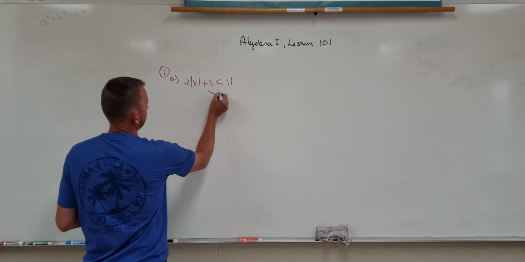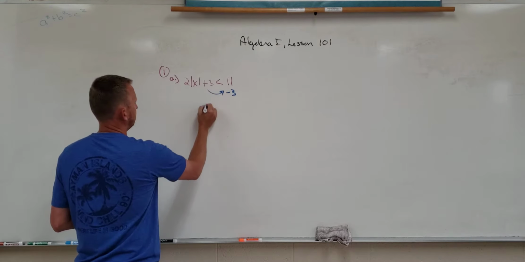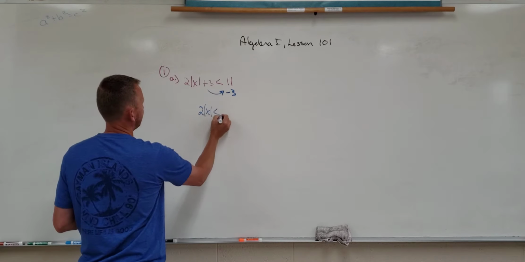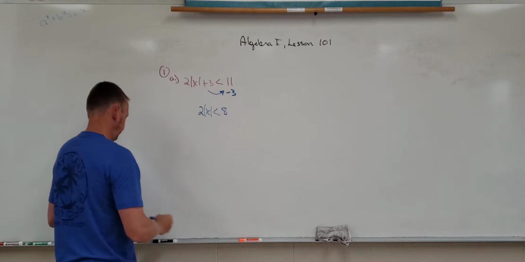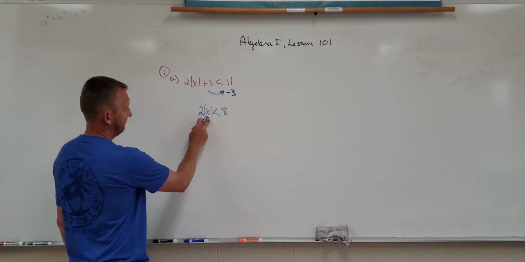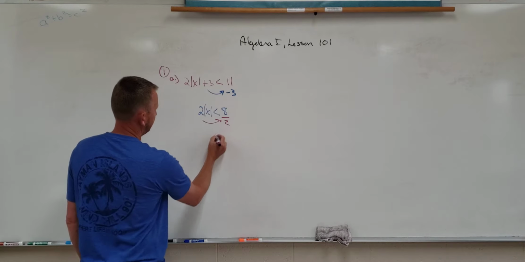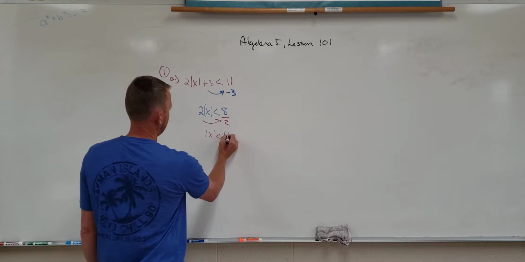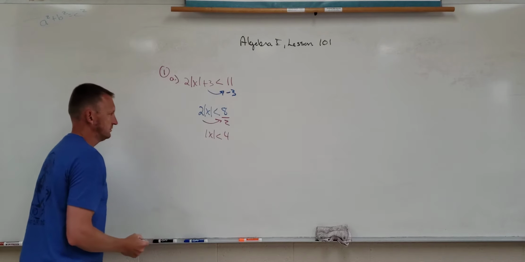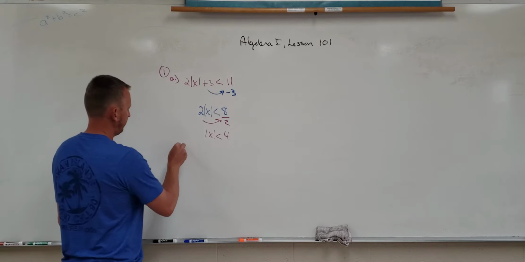I'm going to take my 3 over and subtract. So I get 2, absolute value of x is less than 11 minus 3, 8. Multiplying here, so bring it over and divide, so the absolute value of x is less than 8 divided by 2, 4. So absolute value of x is less than 4.